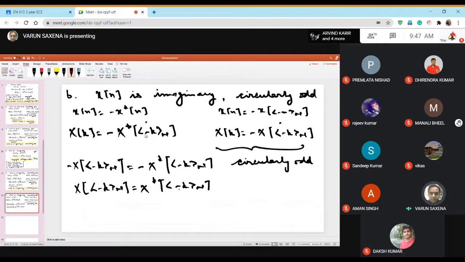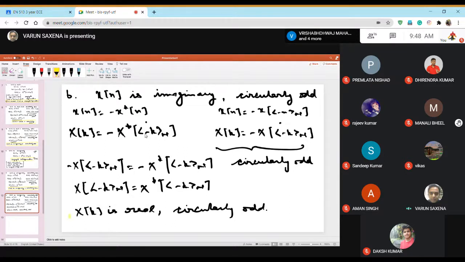And this is a dummy variable, which means that X is same as X conjugate capital. That means that your XK is real and circularly odd. So this is the result.